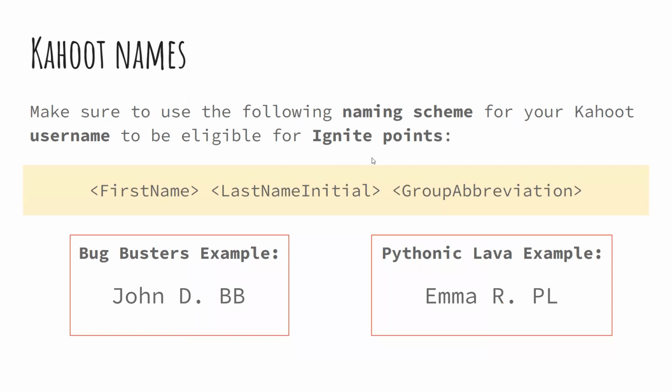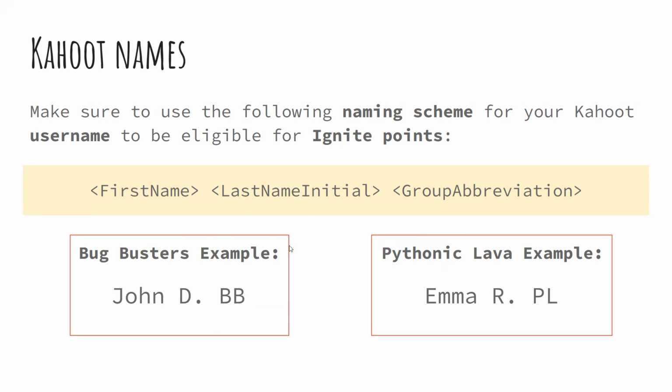So this is very important. Please give attention to this because whenever you will be entering your names in the Kahoot game, make sure you follow this convention. First, you have to write your first name and then the initial of your last name, and then most importantly, which group you belong to. Either is it Blockbusters or is it Pythonic Lava?